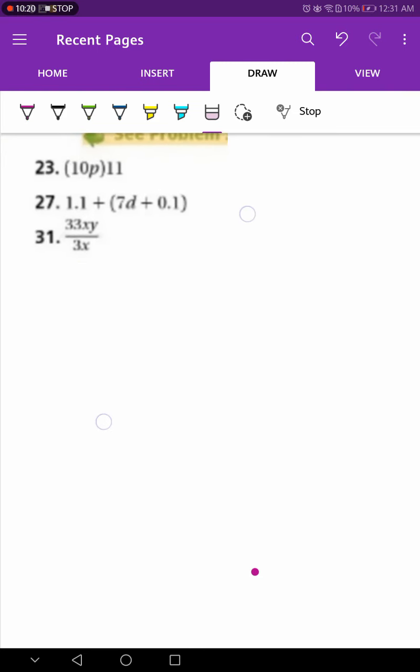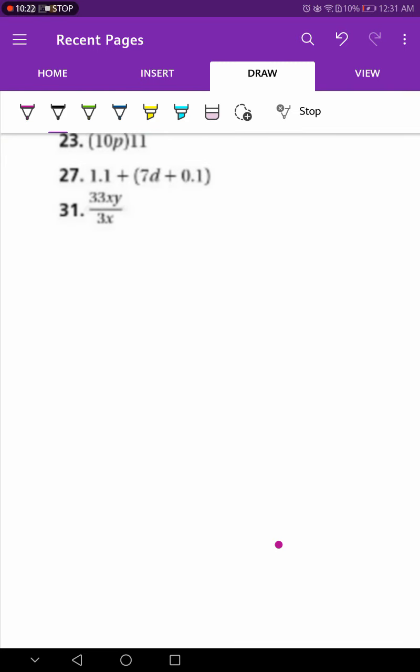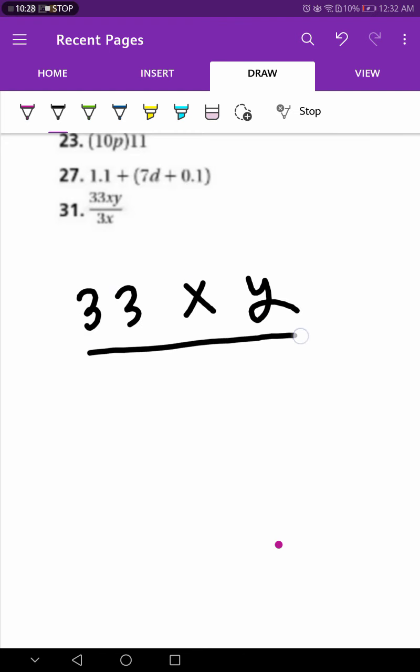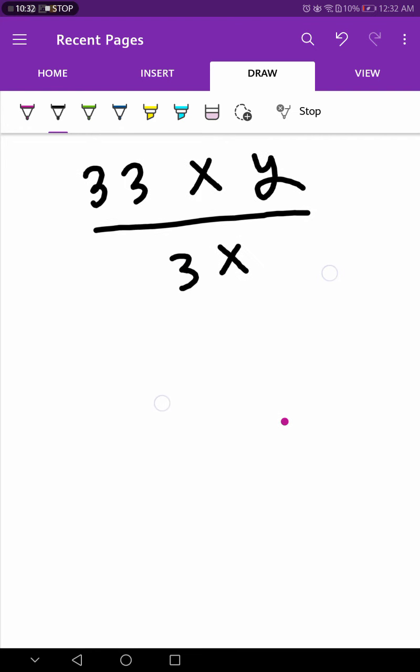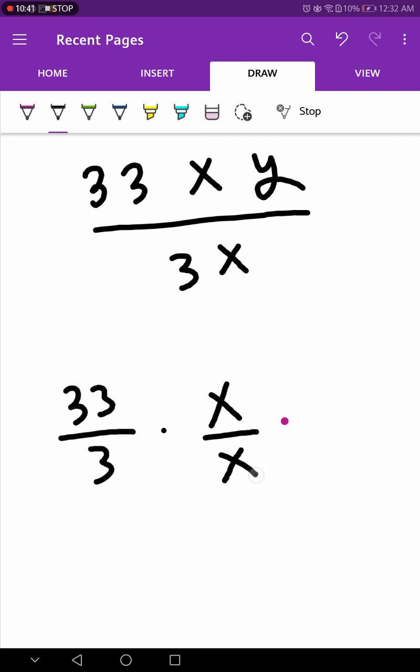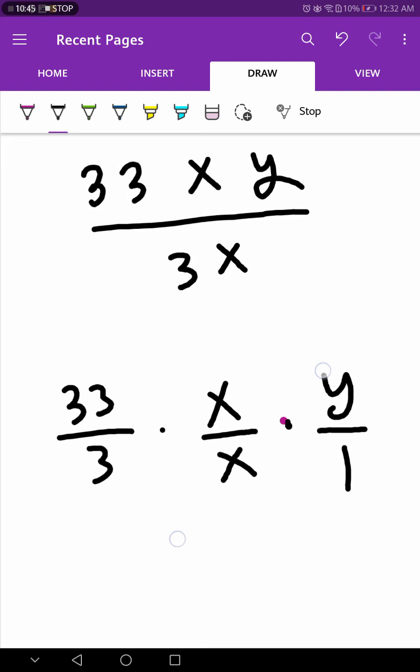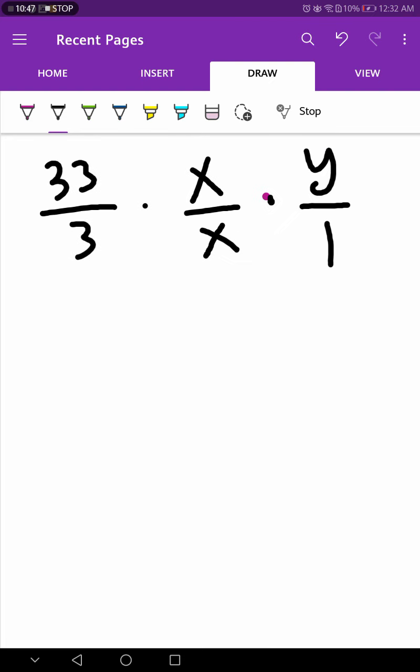Okay, my dear students, let us take the last example. Here 31, it is 33xy over 3x. Now I can do this: 33 over 3 multiply x over x multiply y over 1. Now 33 over 3, simplify it.